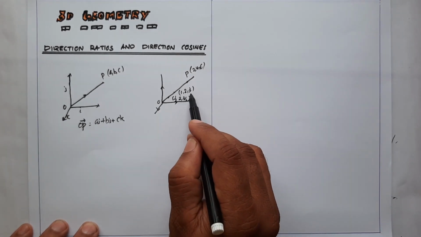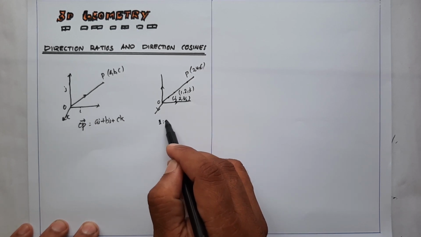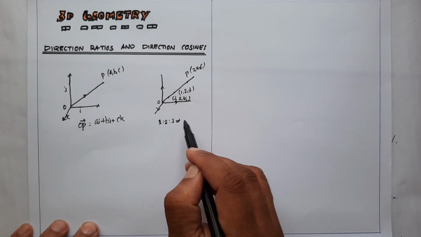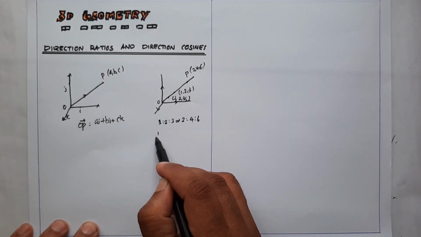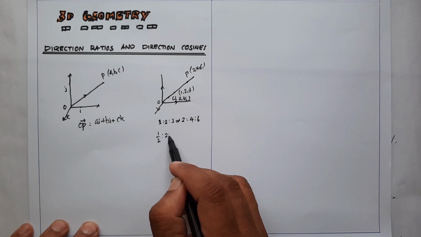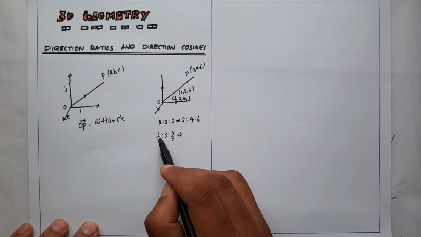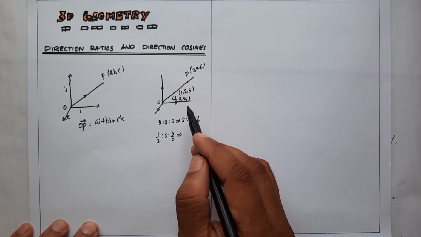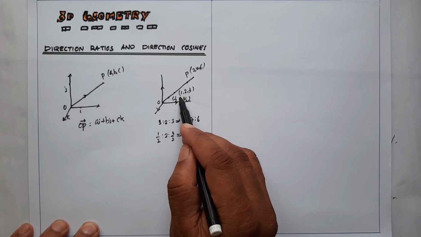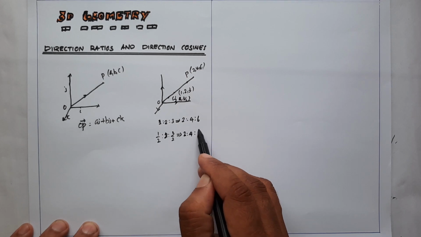The ratio of each point will be, suppose 1 is to 2 is to 3, multiply by 2, we get 2 is to 4 is to 6. Also 1 by 2 is to 1 is to 3 by 2, multiplying by 4, we get 2 is to 4 is to 6.